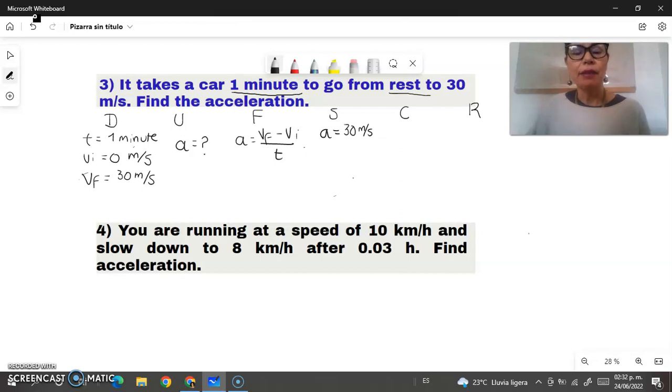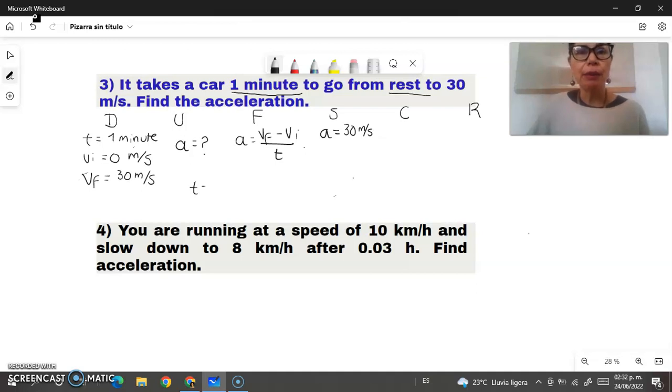Okay, we have two units of measure for the same magnitude: minutes, and in the velocity we have seconds. As you remember, we cannot use two different units of measure for the same magnitude in a formula. So first we have to convert the time from minutes to seconds.